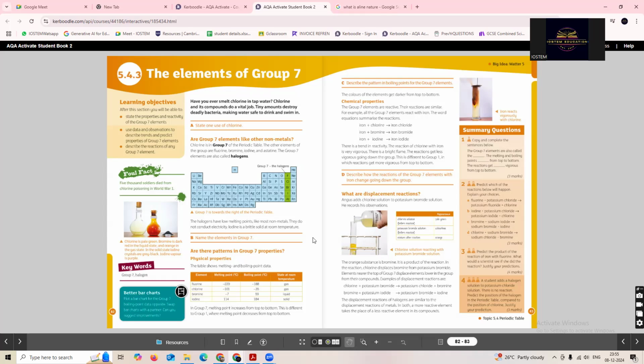So if you come from top to bottom, from fluorine to chlorine to bromine to iodine, the melting point increases.